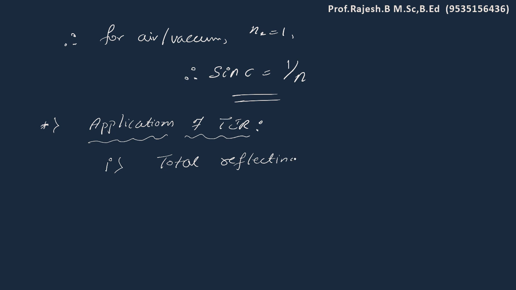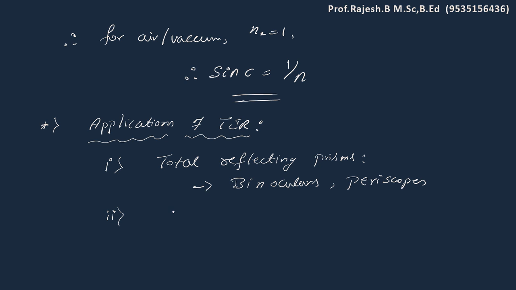These prisms are used in binoculars and in periscopes. Total reflecting prisms are used in all of these.